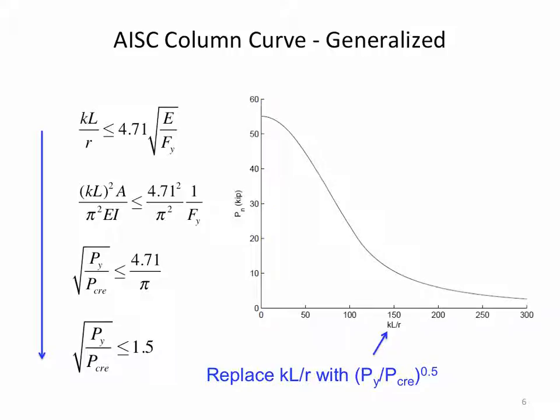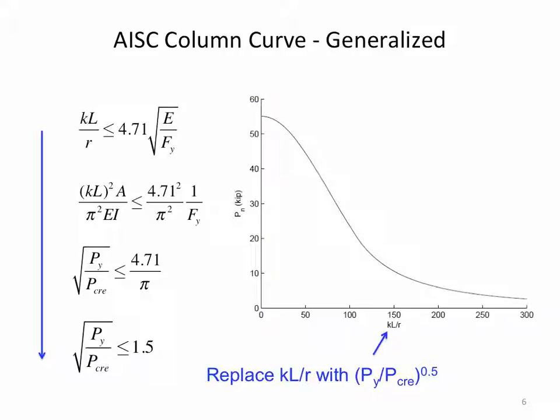I'm just showing you that even KL over R is a function of the Euler buckling load and the squash load. If you play a little exercise in your mind here, if P_cre is very small, that means this ratio is very large and you're out here. And so that's the basic idea.